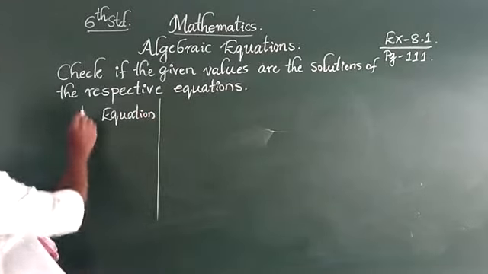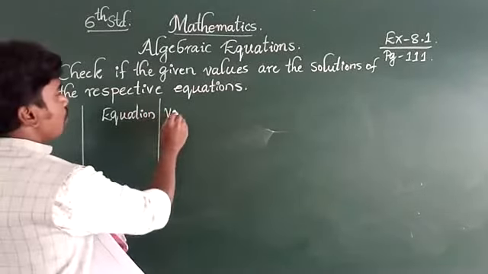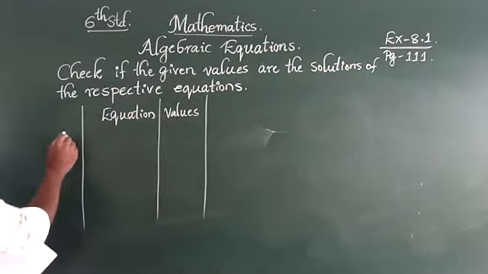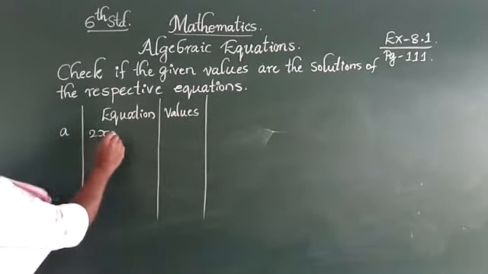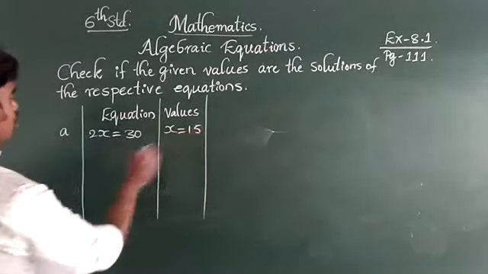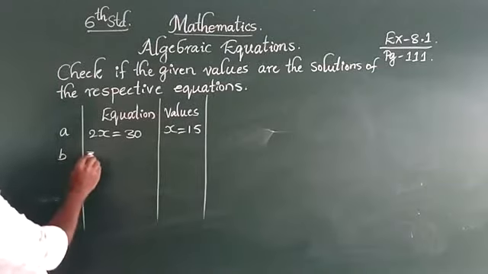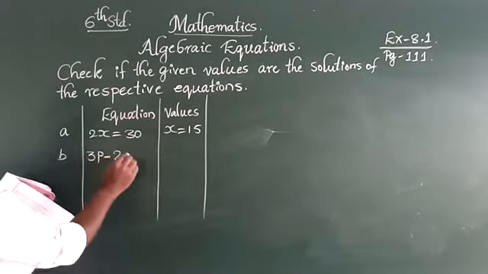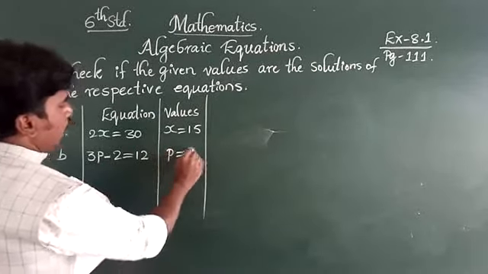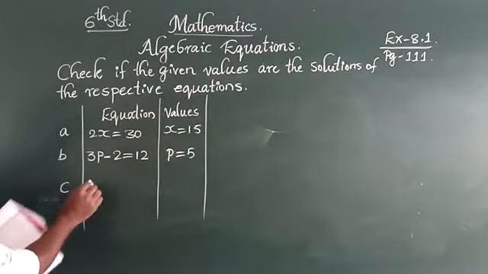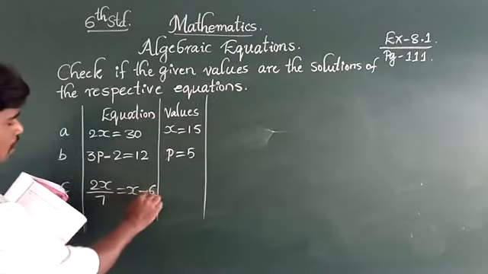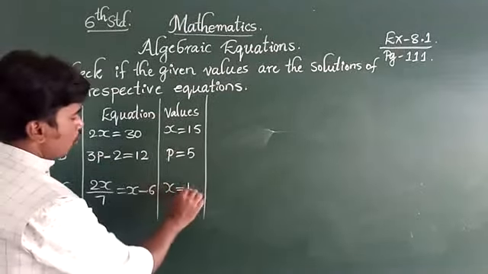Equation in one side they have given and values. So here I am going to take a, that is 2x is equal to 30, x is equal to 15, and b, 3p minus 2 is equal to 12, p is equal to 5, and c, 2x by 7 is equal to x minus 6, x is equal to 14.